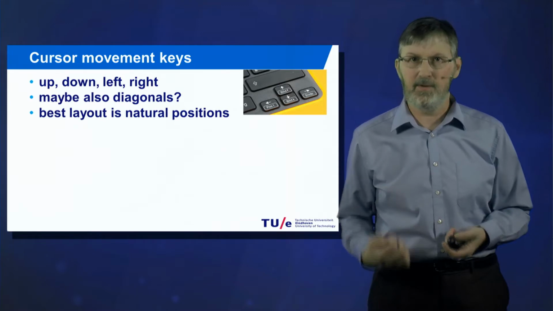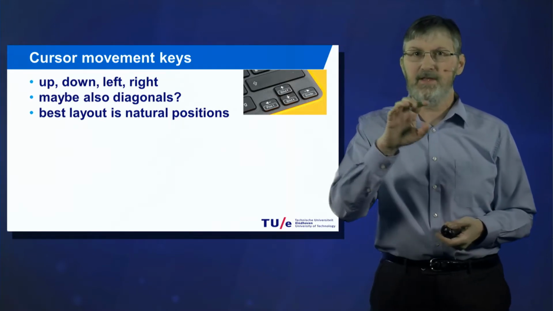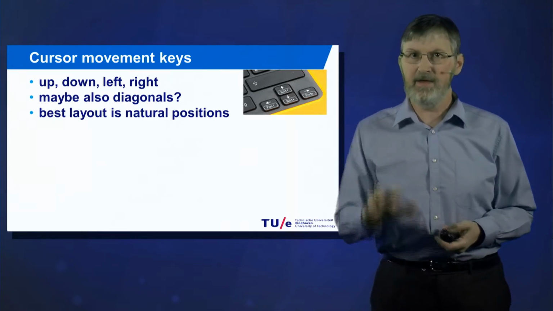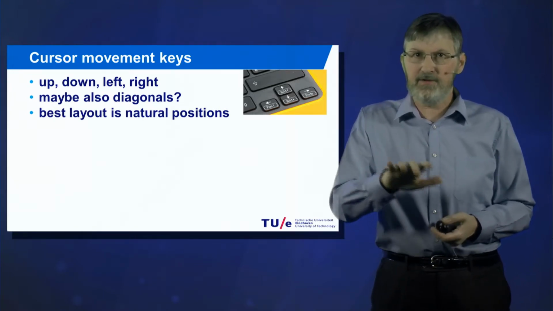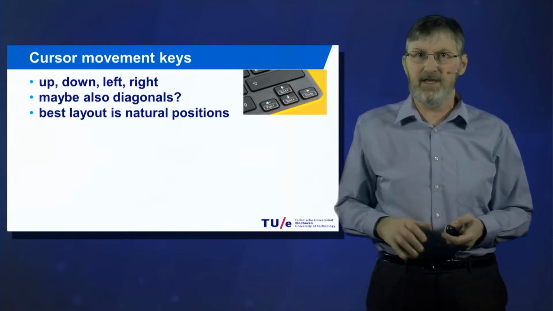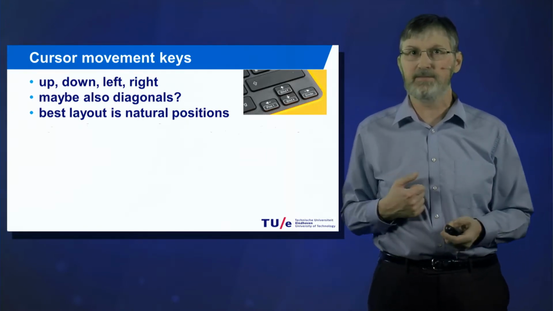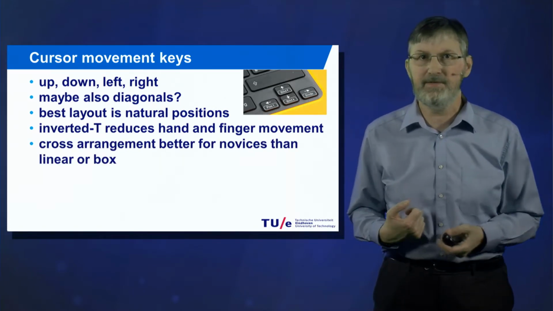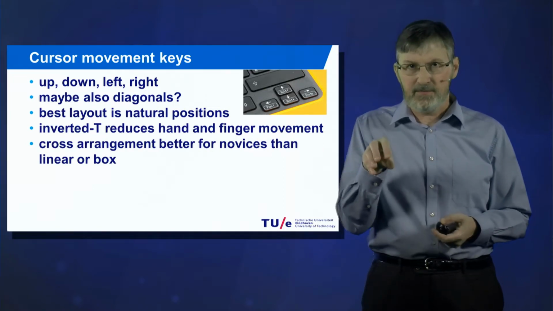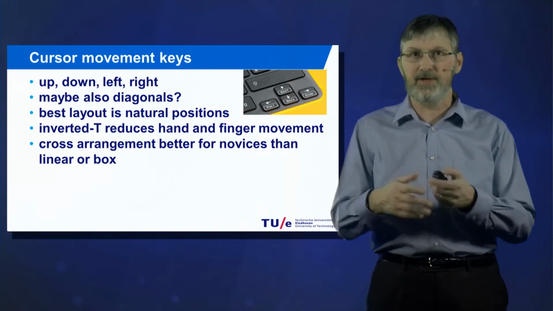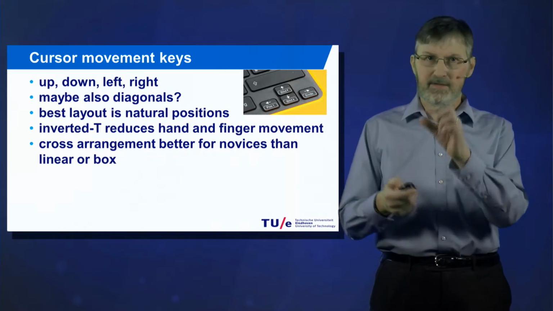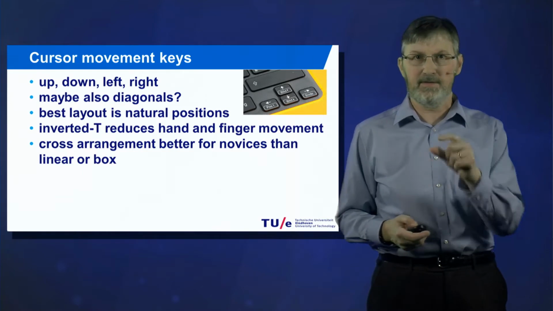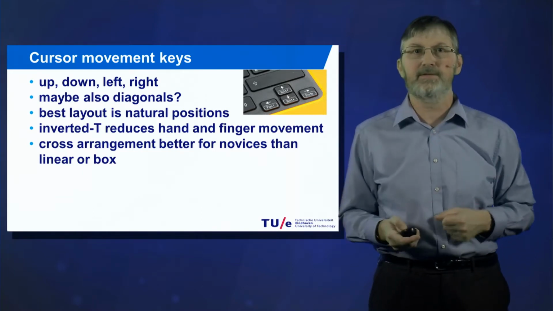But in some old systems, we used 4 letters, H, J, K, L, which are next to each other on the QWERTY keyboard, and then it isn't natural which of J and K is up and which is down. The inverted T makes that easy to recognize, and sometimes you also see a true cross arrangement where the up and down key are spaced a little bit towards the center of left and right.